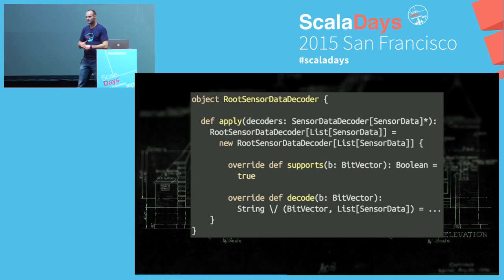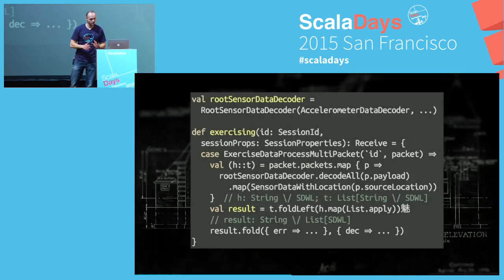And have a convenient case, a companion object where I can apply multiple of smaller sensor data decoders and have the entire message decoded in one call. And so, the meat of it, when we are exercising, I can construct a root sensor data decoder that can decode, say, accelerometer data and heart rate data and whatever else I have.